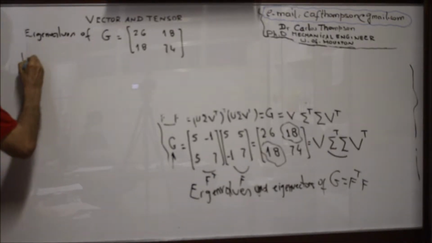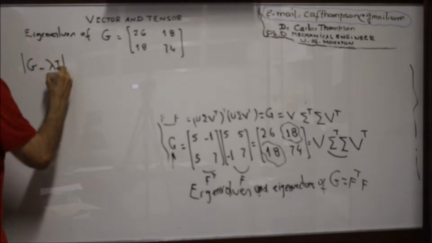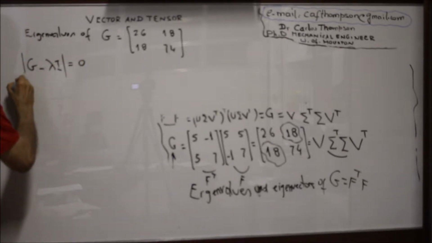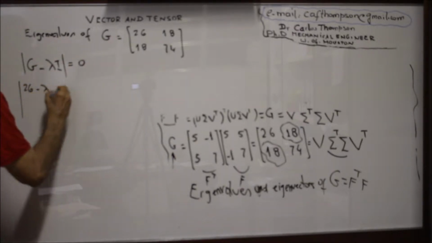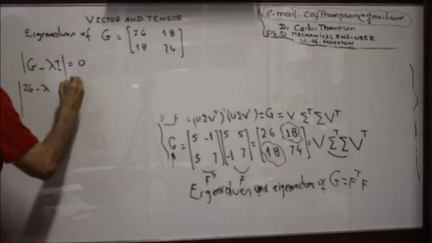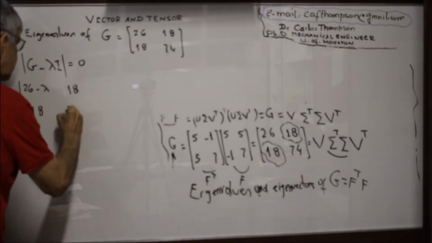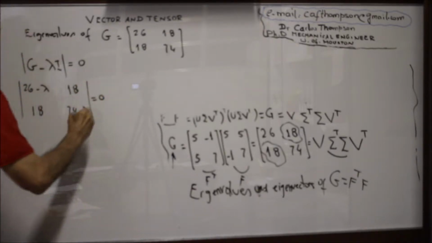The determinant of G minus lambda I must be 0. So the determinant of 26 minus lambda, 18, and 74 minus lambda is equal to 0.